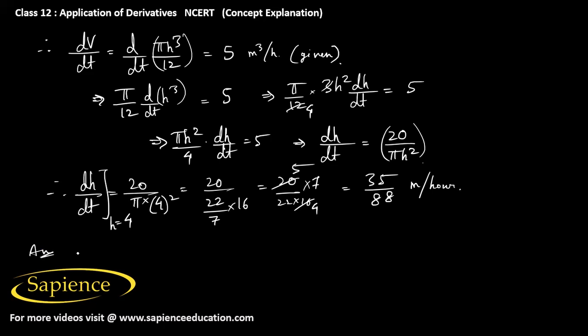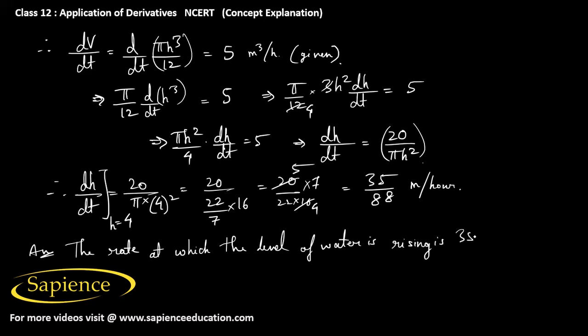So therefore the final answer is that the rate at which the level of water is rising is 35 by 88 meter per hour when the depth of water in the tank is 4 meters.